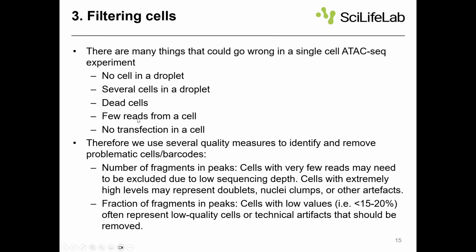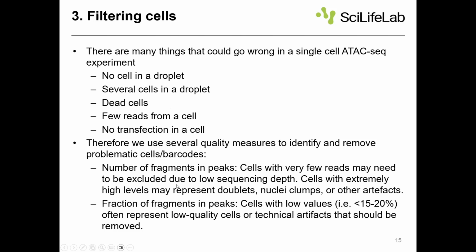For each cell, you collect lots of QC measures, statistics, and you use them with cutoffs to remove the cells you don't trust. So one thing you look at is how many fragments, basically how many reads you have in your peaks. If you have too few reads, you can't really do anything with the data.